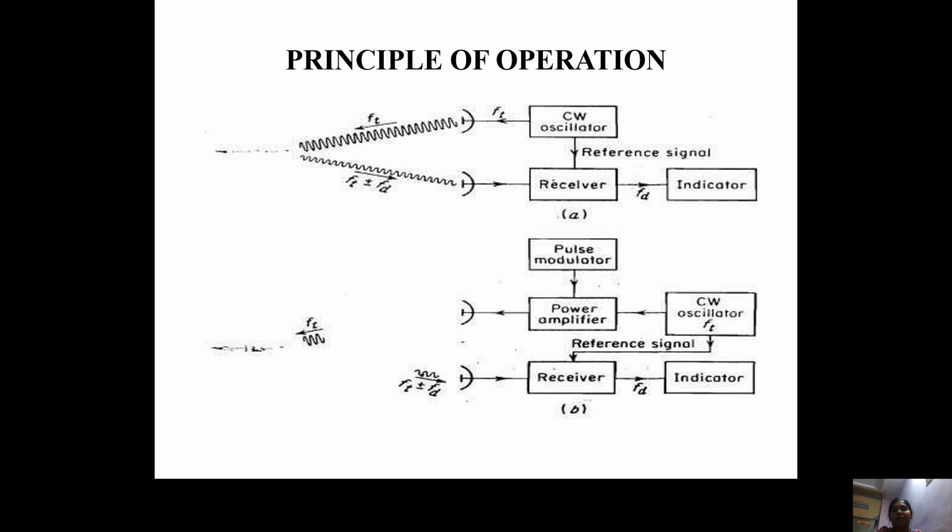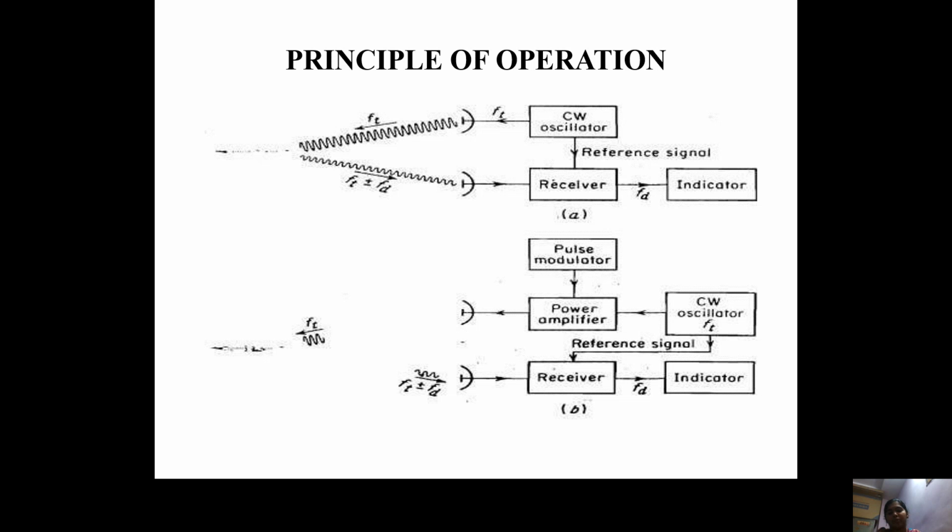Once the pulse modulator turns on, the transmitted signal from the oscillator goes to the transmitting antenna, and whenever it hits the moving target, it undergoes a difference in frequency, which is the frequency shift. That is nothing but the Doppler frequency. It is either incremented or decremented, so ft plus or minus fd, based on how the target is moving.